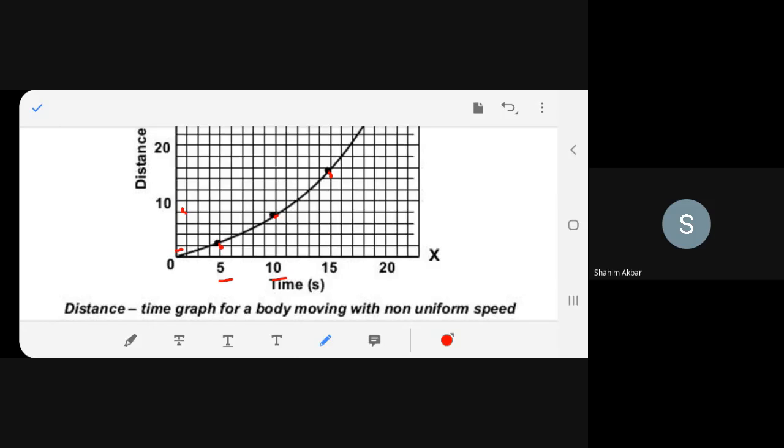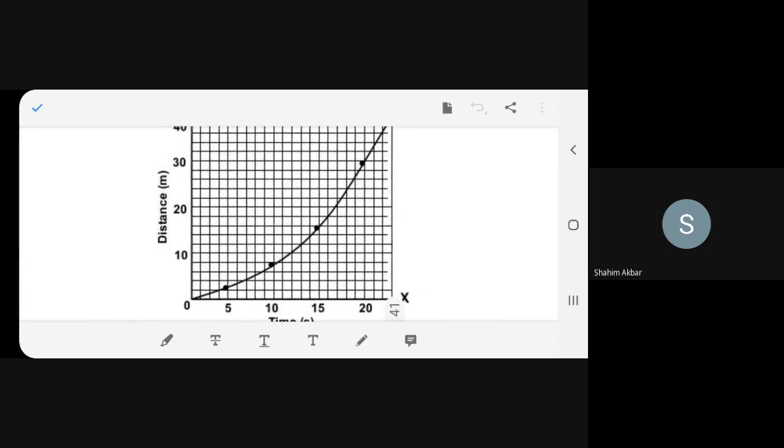The distance covered is uneven. You're understanding what I'm saying? So equal distances are not covered. Unequal distances are covered in equal intervals of time. Hence it is called non-uniform motion and hence we get a curved graph. Can you see this? It is a curved graph. Had it been a straight line, then it would have been uniform. If it's curved, then it is non-uniform.